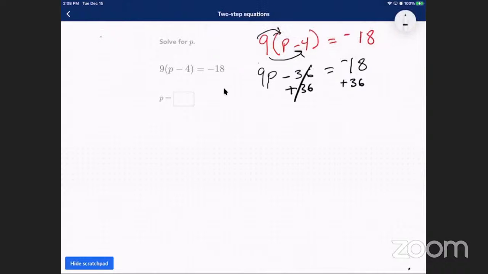And then you have 9p equals 18. All right, then we have to go ahead and solve for 9 on both sides. I remember doing this. We put 9 over here, we put 9 over this side, we end up with p equals 2.